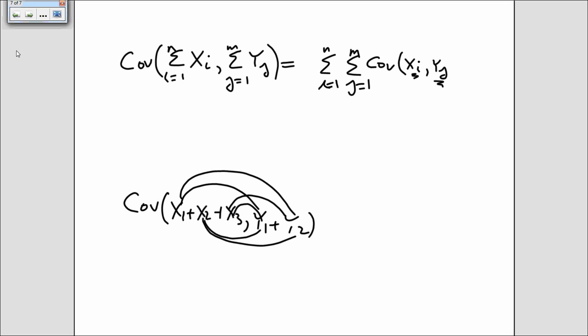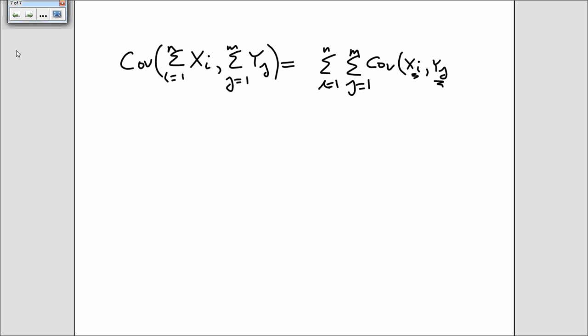You take the covariance of any combination of something in the first one with something in the second. Something from the first, something from the second, and you add them all up. That's what that one is saying.